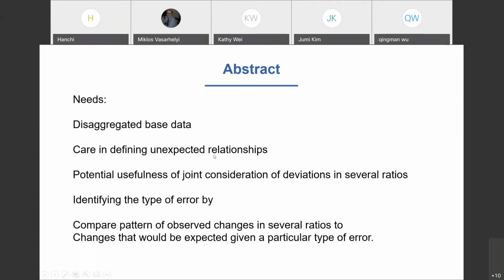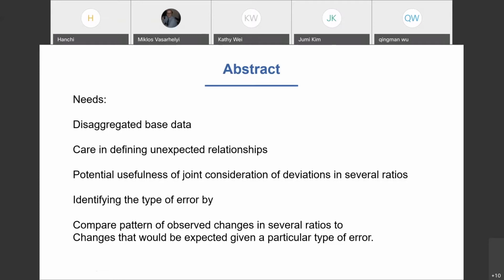And they find that what we need is the disaggregated base data, and we need to care in defining unexpected relationships. And I think that there may be potential to find the usefulness of considering deviations in several ratios.